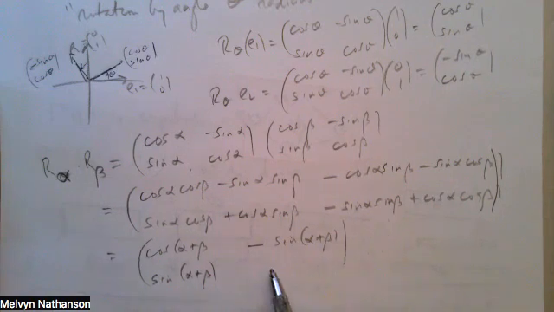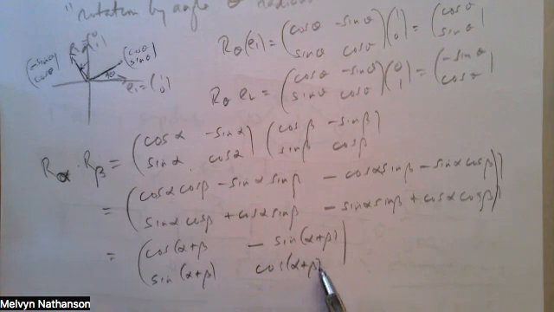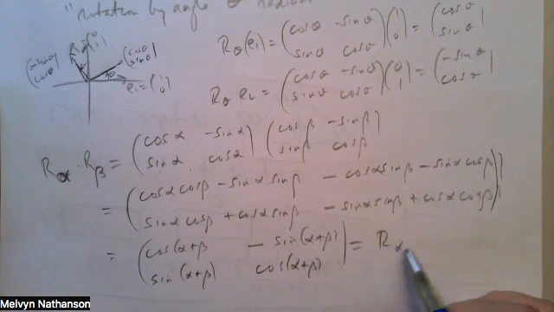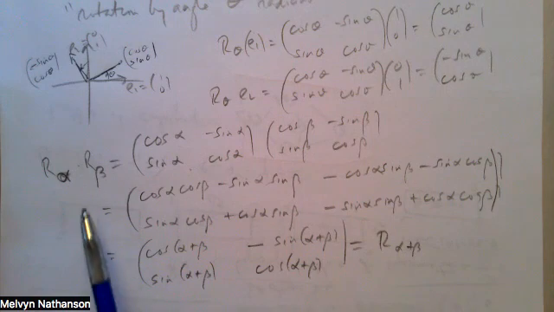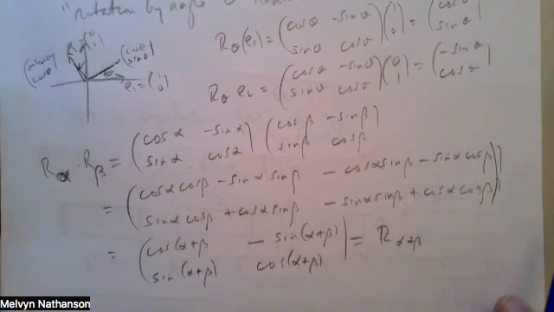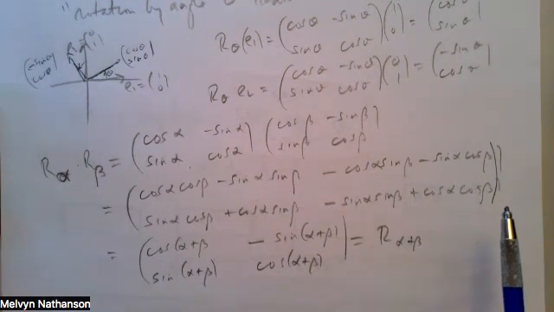And this is cosine of alpha plus beta. So this is exactly the rotation matrix R alpha plus beta. So the product of two rotations is a third rotation. So this set is closed under matrix multiplication.